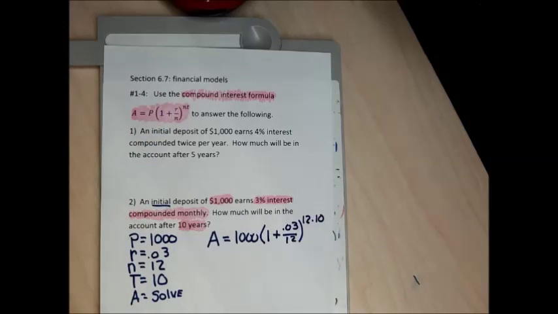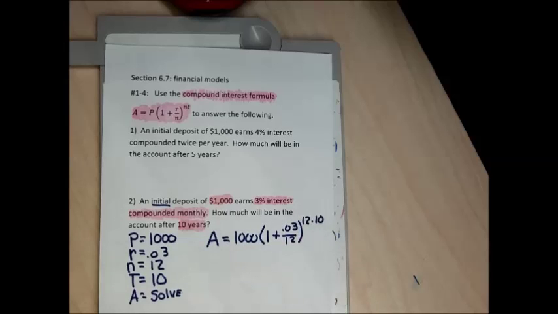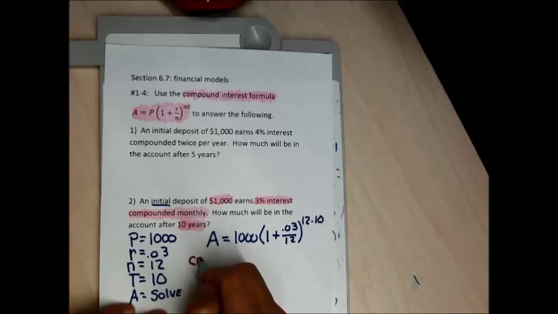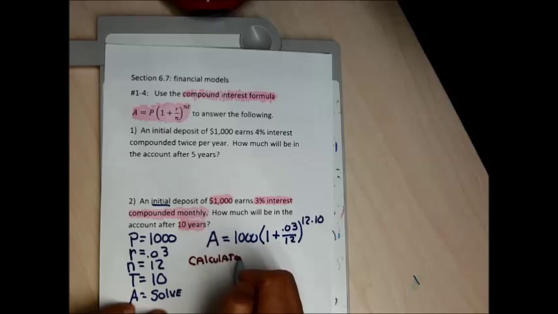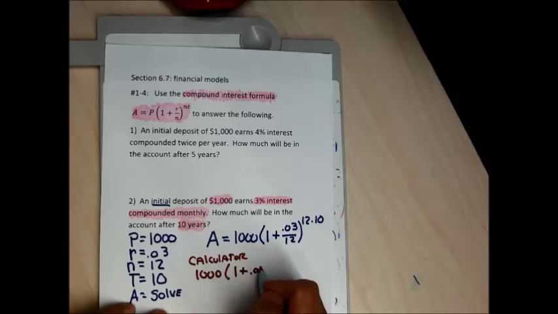When I go to do this problem, it's now just completely a calculator problem. If I don't multiply out the exponent, my calculator needs the exponent to be in a parentheses. So on my calculator, I'm going to get my answer by just entering this, and I'm going to go 1,000. I won't need the times sign. I'll go parentheses 1 plus 0.03.